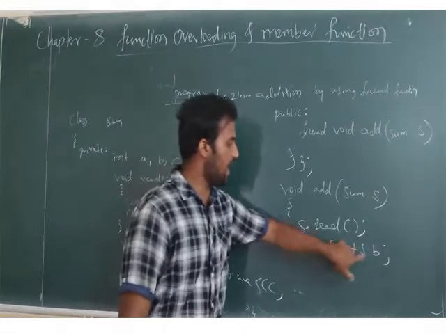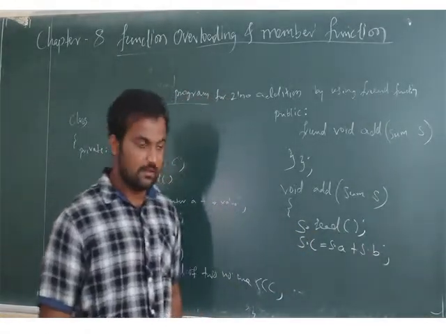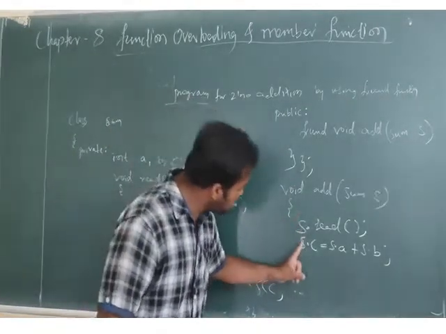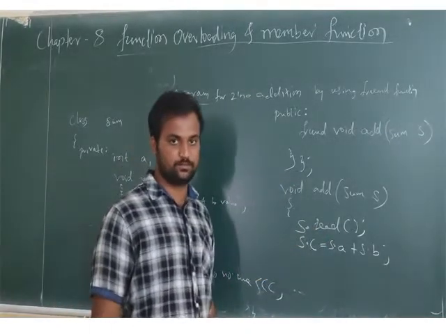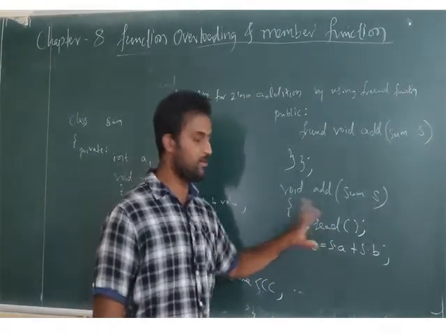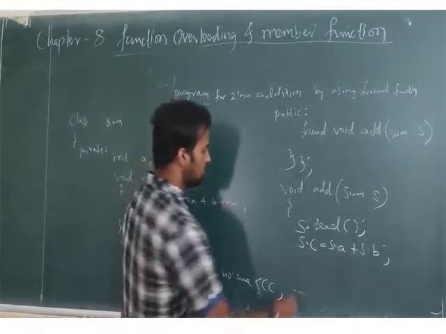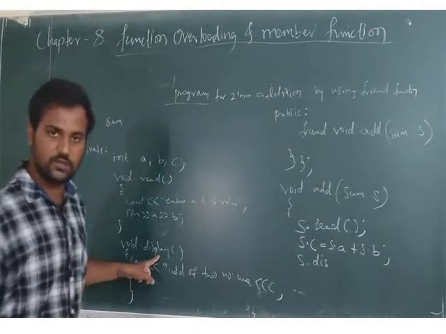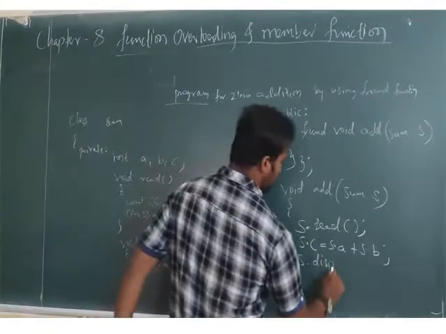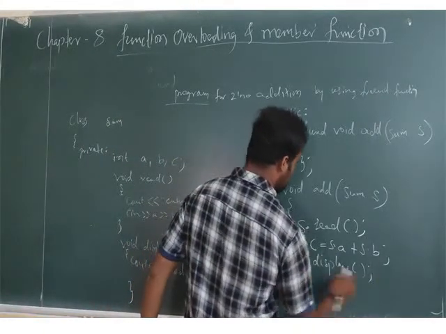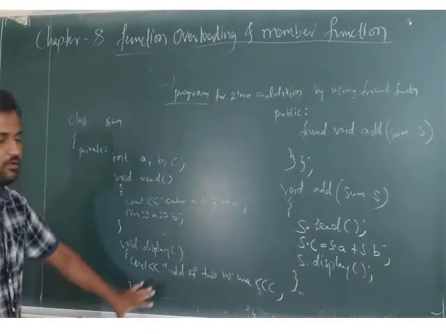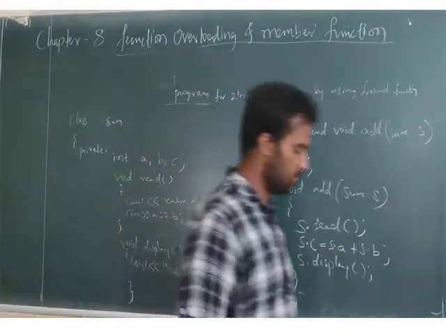So here we are adding those A and B values by taking the help of object name dot member function. Now yes dot display. Display is one more function in private only. This is how it executes.